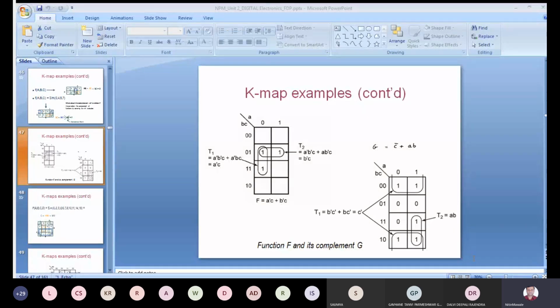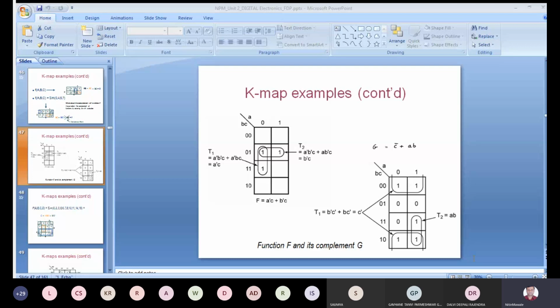So tell me how many optimum quads are possible there? Two groups, sir. Okay, just see, first of all 3, 7, 15 and 11. This is the first quad.